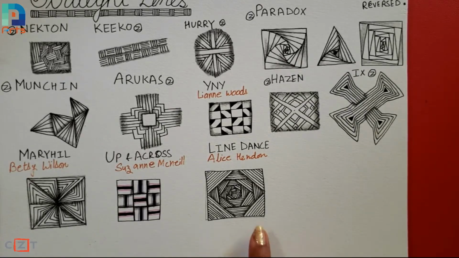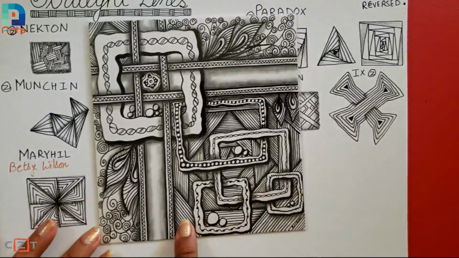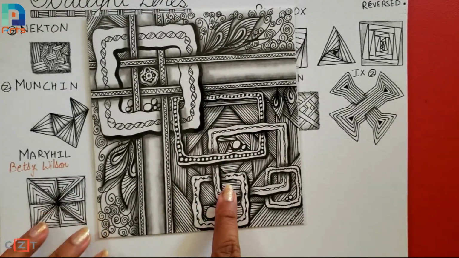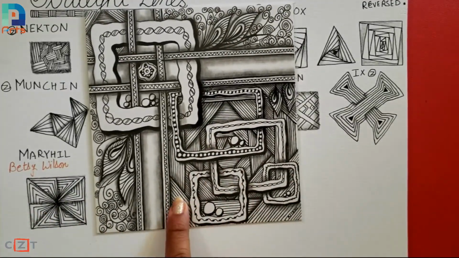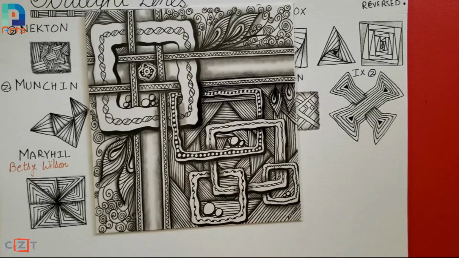So here we did the line dance tangle, and I thought I had one beautiful line dance one. Yes, see in this one, in these frames, you see the background. So here is the line dance tangle.